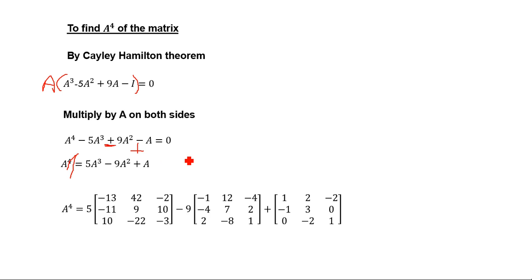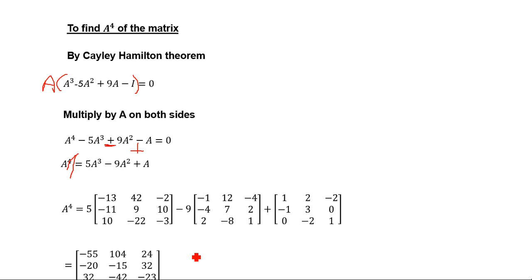Don't make a mistake in that. So what is A power 4 here? 5A cube minus 9A square plus A. What is A power 4 here? Minus 55, 104, 24, minus 20, minus 15, 32, 32 minus 42, minus 23.